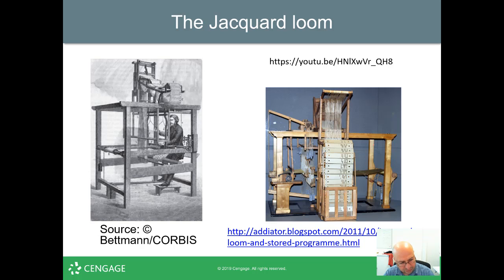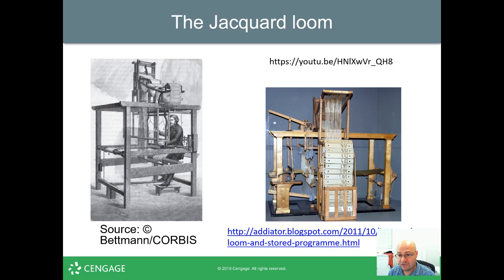That fermented the modernization of all of the other industries, starting from the textile industry, from the Jacquard loom. So you can see here, these are punched cards. These are actually codes. They're actually patterns.